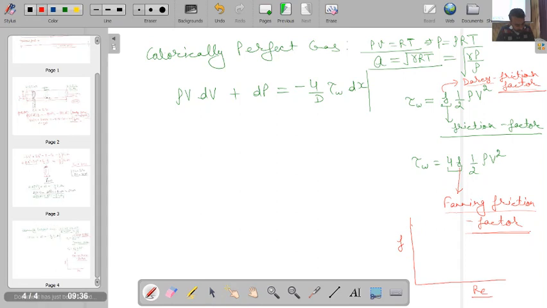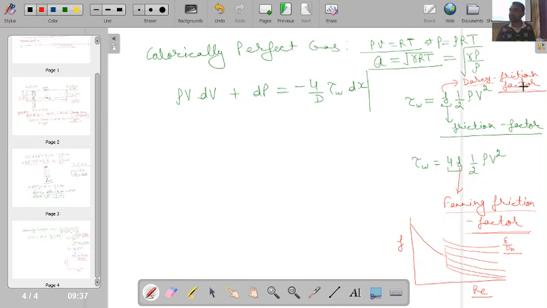Then I will be having for laminar flow situation something like this, and after this point for turbulent flow I will be finding that I will be having over here multiple lines, and these lines are nothing but for the different values of relative roughness. So epsilon is absolute roughness. If it is divided by hydraulic diameter of the duct, then we call it as nothing but relative roughness. And this important diagram is known as Moody's diagram, and Moody's diagram gives us nothing but the Darcy friction factor.